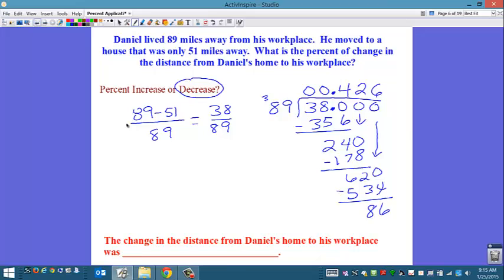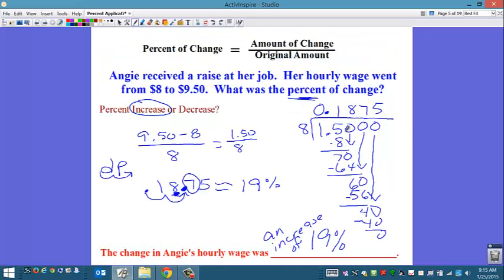Let's look back at our previous example. When we were doing our division, we moved our decimal point 2 places to the right to change it to a percent. And then we looked at the next digit to the right to determine how to round our percent. So we only needed 1, 2, 3 place values to write our percent.